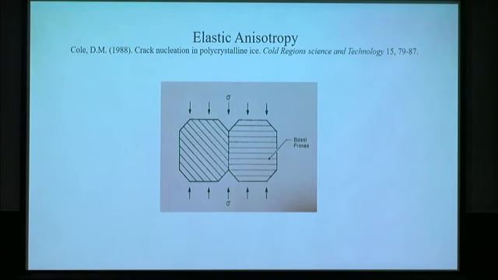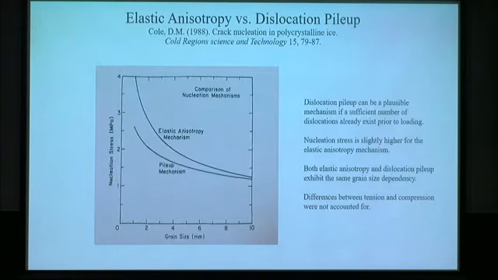Now let's see what the predictions were. So these are Cole's predictions, the nucleation stress versus the grain size. He showed that for the elastic anisotropy mechanism, the stress is similar to but somewhat higher than the pileup mechanism.